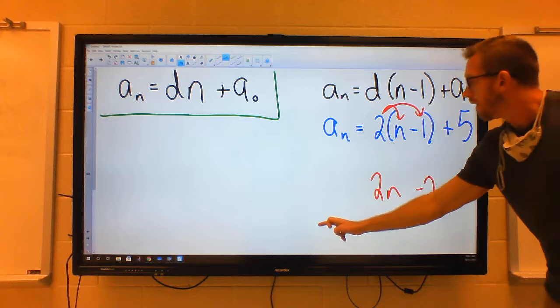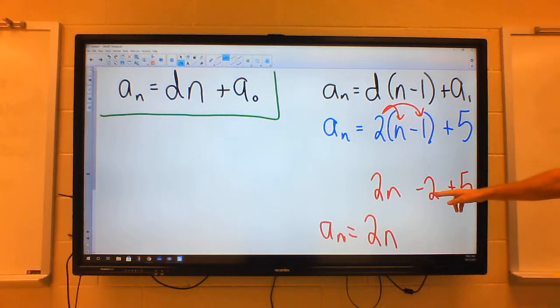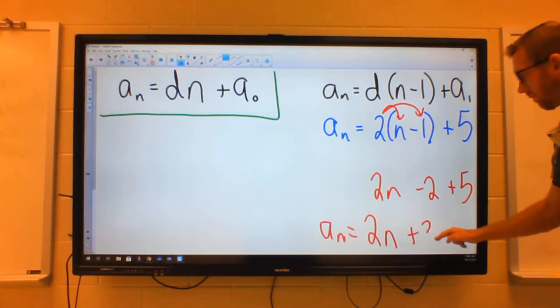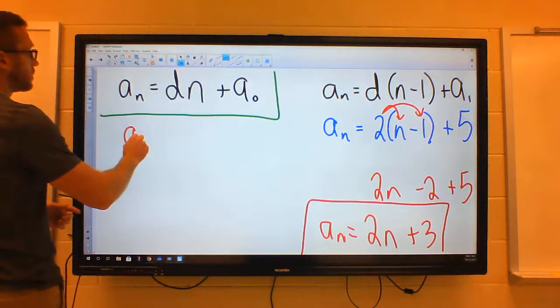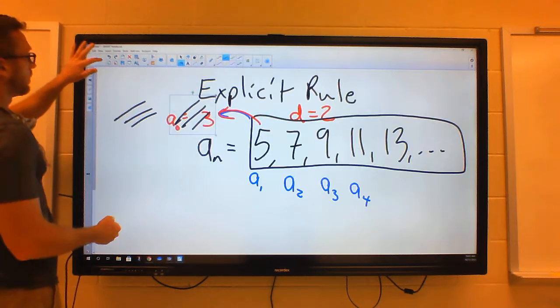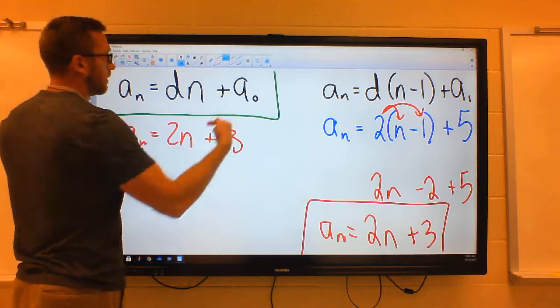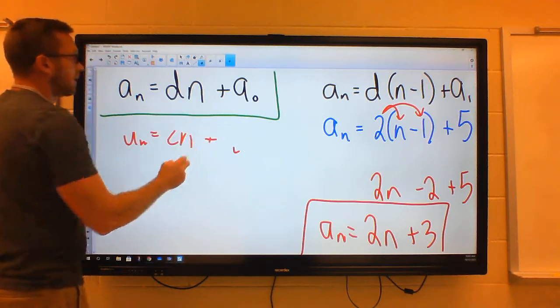So we have a_n equals 2n minus 2 plus 5, which is 2n plus 3. And guess what? That's what we had here when we just substituted directly in 2n plus 3. So either way you want to use is fine with me.